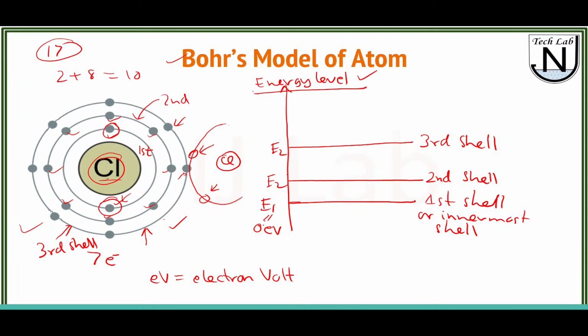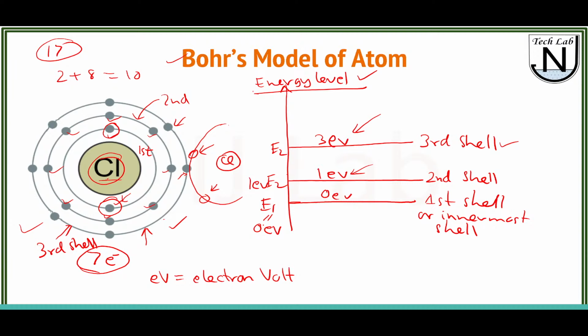So if the energy of the innermost shell is 0 eV, let this be 1 eV, and let this be 3 eV, and so on. When I say that the energy of the third shell is 3 eV, it means all the 7 electrons of this chlorine atom will have the same energy of 3 electron volt. Similarly, all the electrons in the second shell will have the same energy of 1 electron volt, and so on.